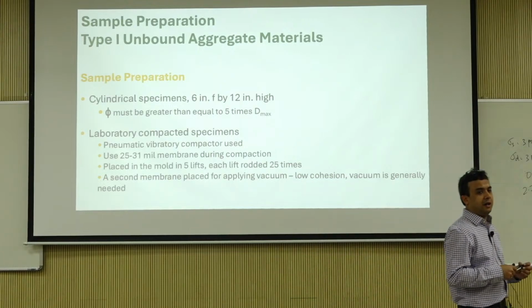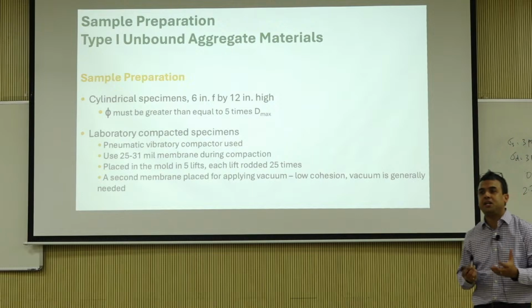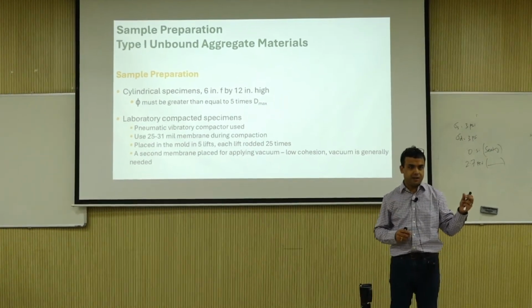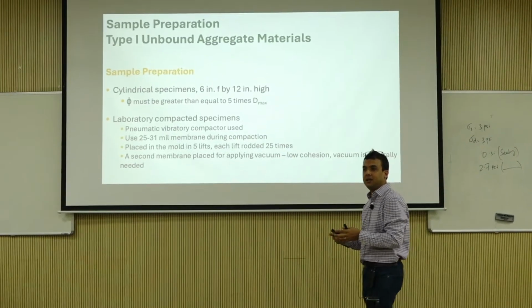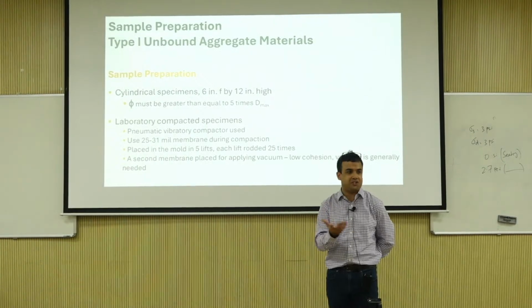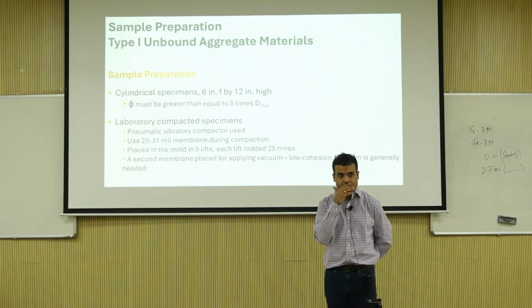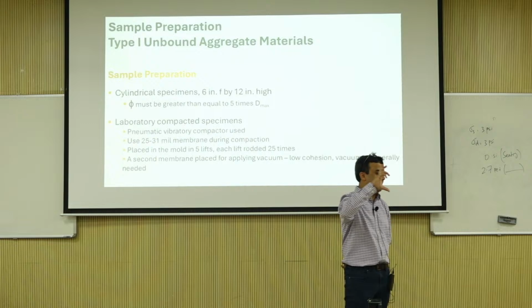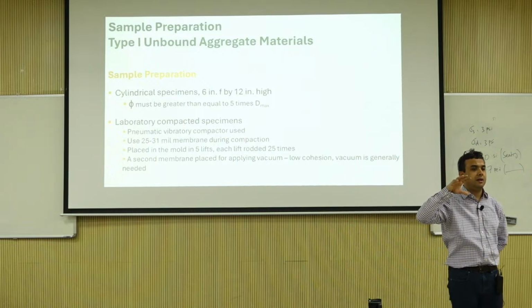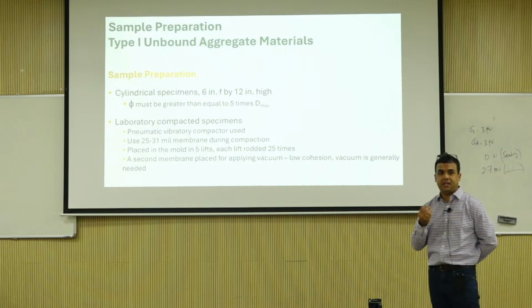Specimen dimension is dependent on particle size. Those who have tested subgrade soils, you're probably talking about 2.8 inch diameter or 4 inch diameter, which is 100 mm or something like that. And then the height is usually double that, 100 by 200 or something. Aggregates get bigger.